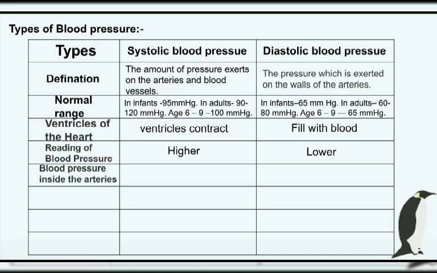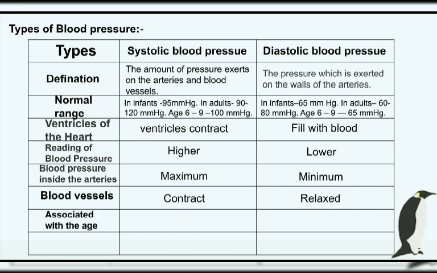Blood pressure inside the artery is maximum and minimum. The blood vessel is contracted, as I already told you, and here it is relaxed. It is associated with age, and it will increase. Systolic increases, because in the normal range you see that at different ages the systolic blood pressure will be increased and diastolic blood pressure will be decreased.